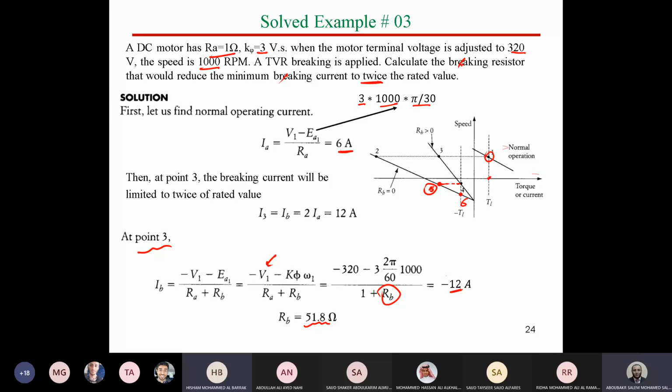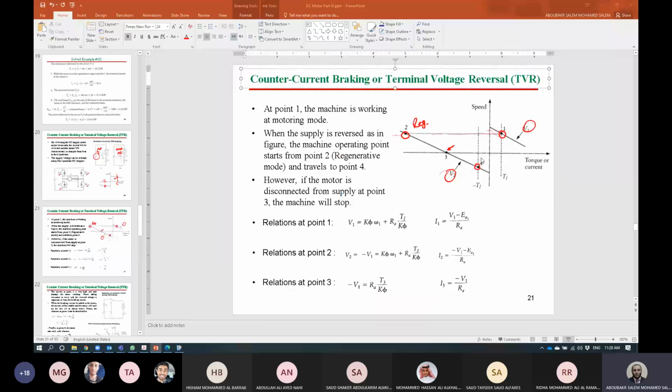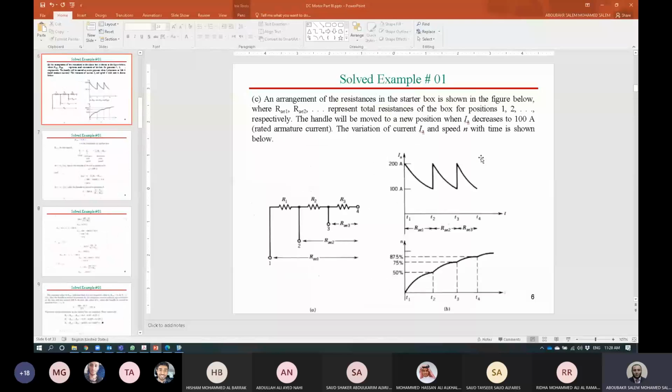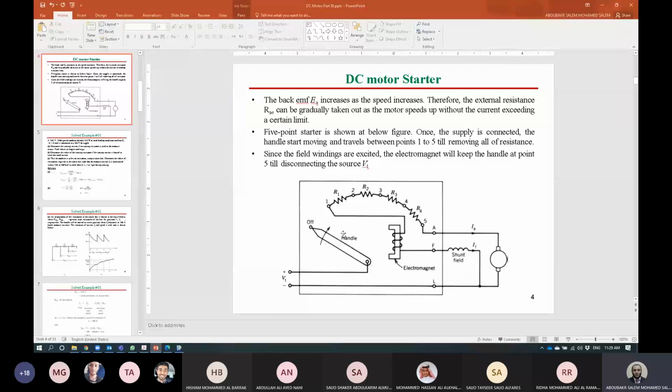Yes, it's clear, but in practice, how can we remove the resistance? The resistor value can be controlled easily. We discussed this previously using a starter. And if we go back to the starter, there is a mechanical way or an electromagnetic way, which is the motor starter like that.